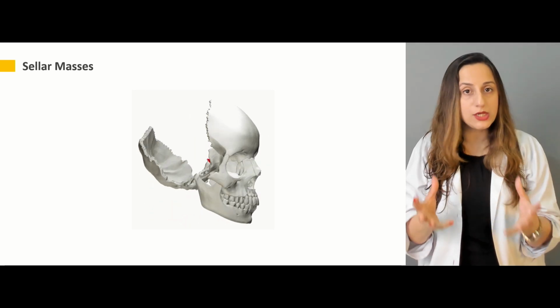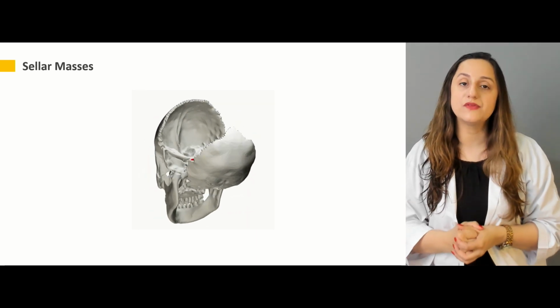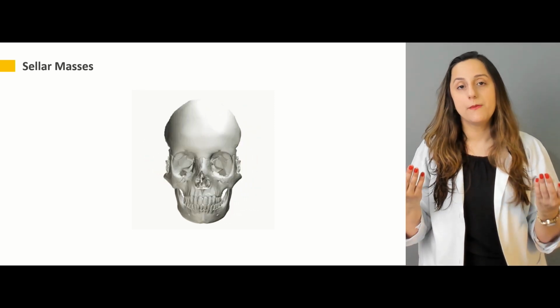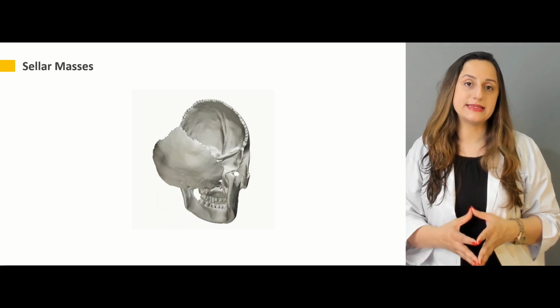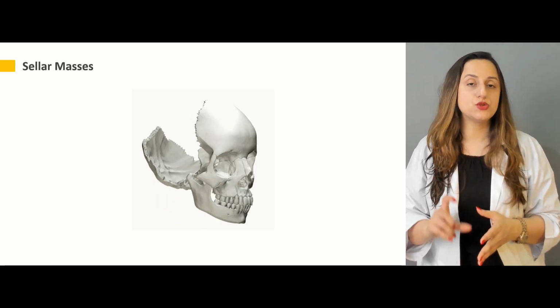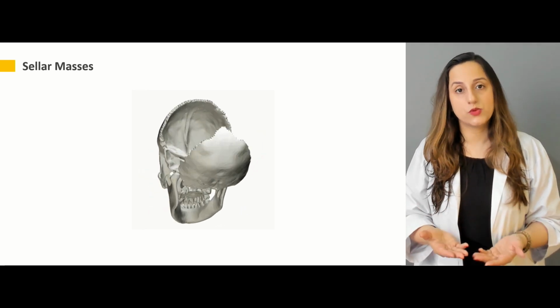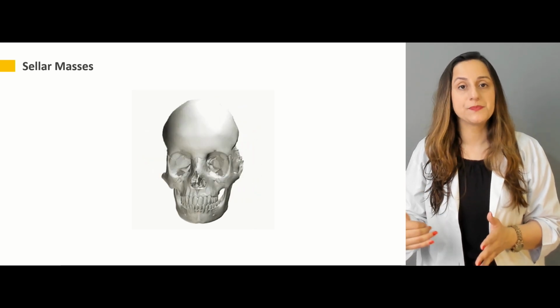What can possibly go wrong? It can even be benign tumors. We have a range of microadenomas and a range of macroadenomas. By definition, microadenomas are masses less than 1 centimeter, and macroadenomas are masses more than 1 centimeter.